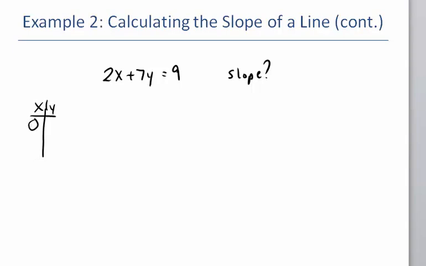If I let x equal 0 in finding one of my intercepts, I would plug a 0 in for the x. This first term would fall out. I would have 7y is equal to 9. And dividing both sides by 7, I would have y is equal to 9/7.